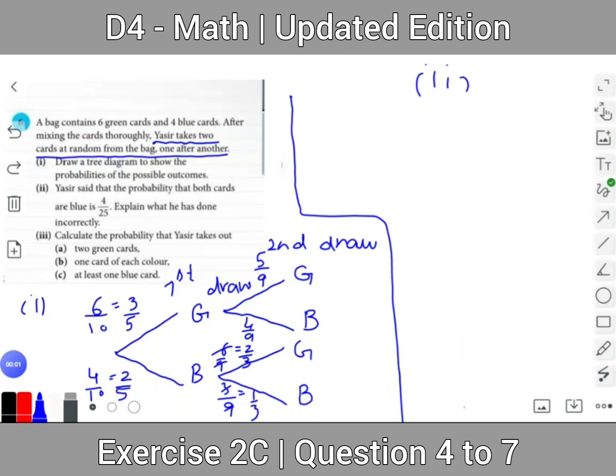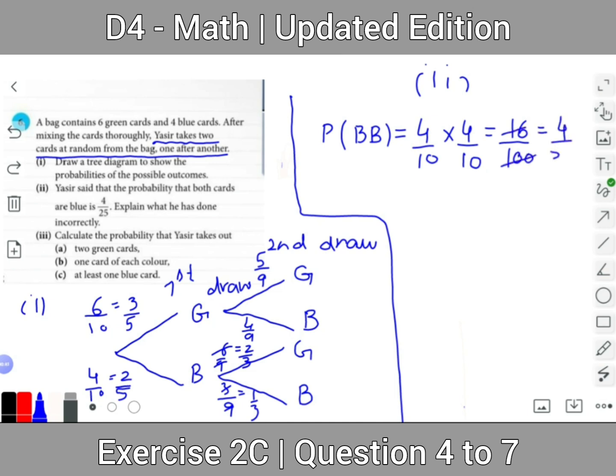In part 2, Yasser said that the probability that both cards are blue is 4 over 25. Explain what he has done incorrectly. So the probability that Yasser said that both cards are blue is equal to 4 over 10 multiplied by 4 over 10. It will be equal to 4 4s are 16 over 100, and it will be simplified to 4 over 25.